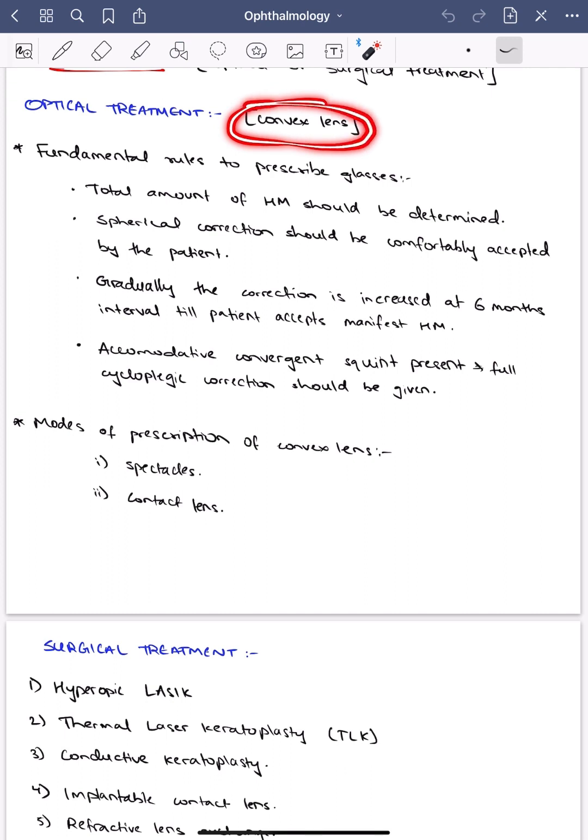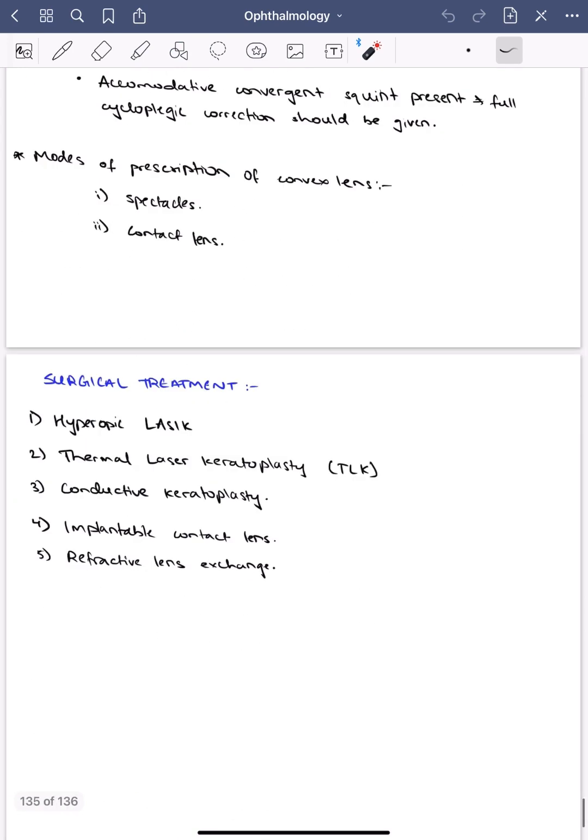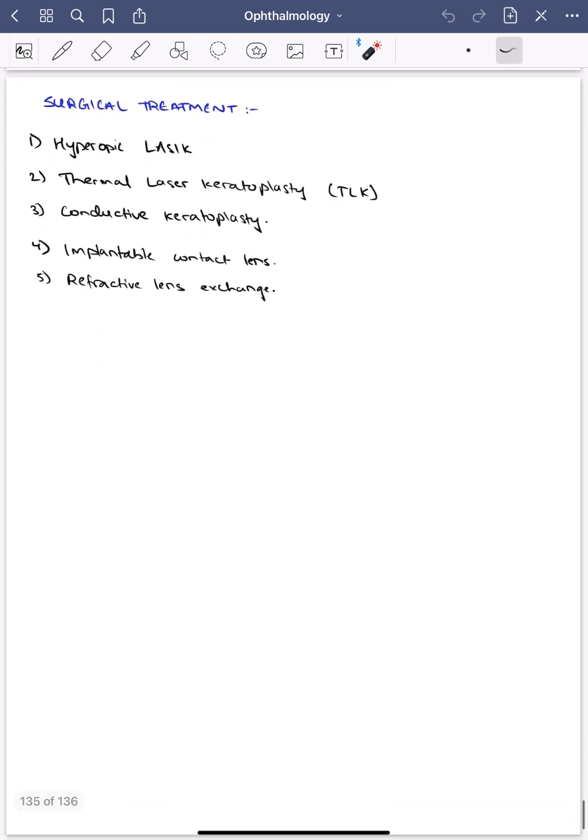So we've discussed the definition and the causes. Then we discussed the clinical types: physiological, non-physiological, and functional. We also discussed the types based on the effect of accommodation, that is latent hypermetropia, manifest hypermetropia, and total hypermetropia. The clinical features, the symptoms and signs we discussed, that is asymptomatic, asthenopic, defective vision, and a combination of defective vision and asthenopic symptoms.